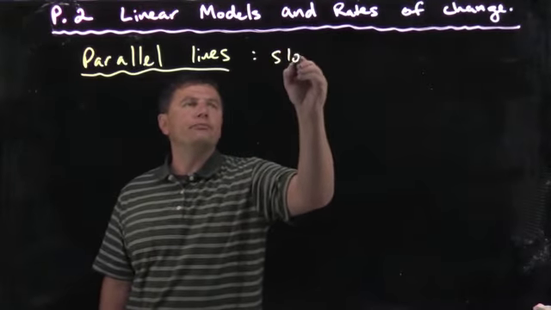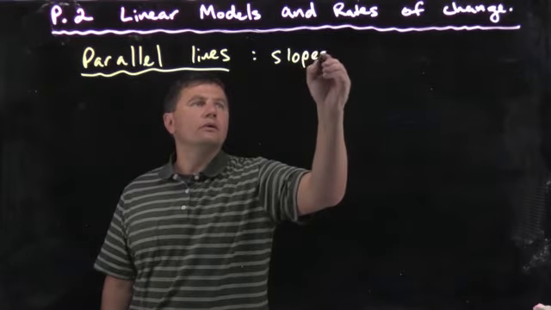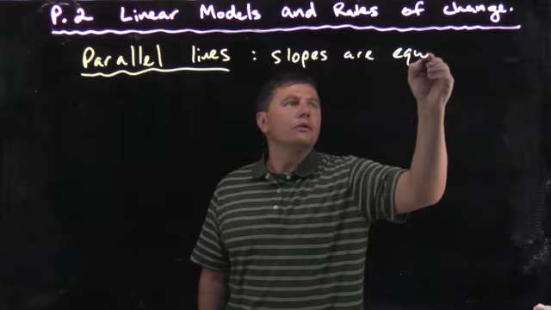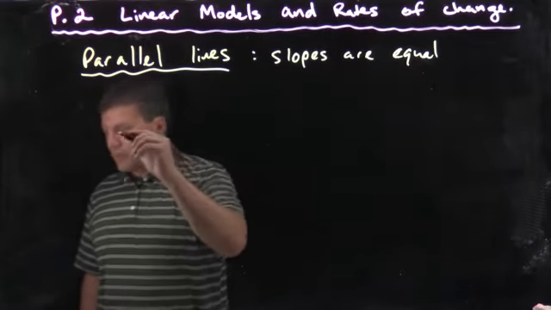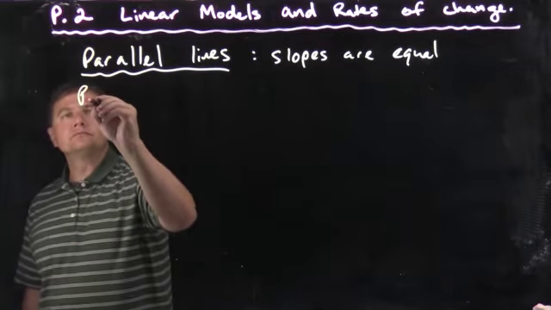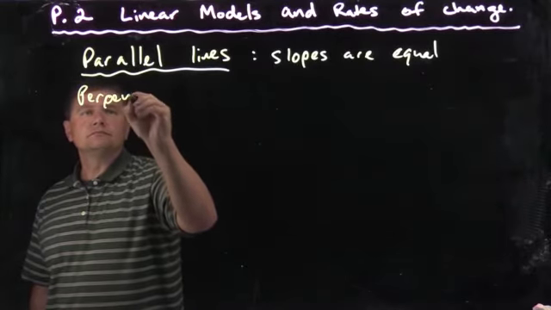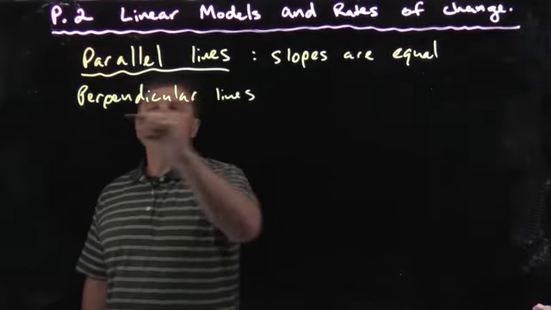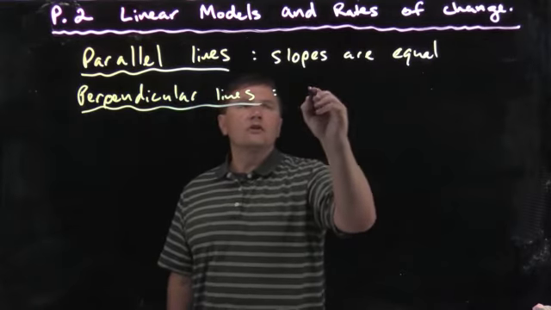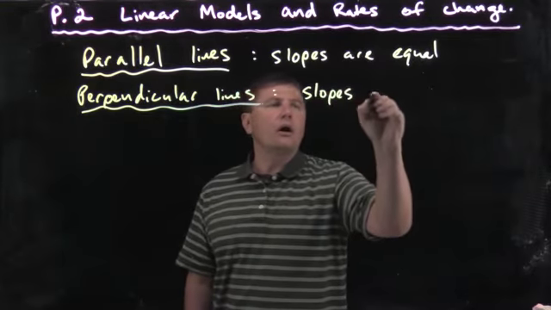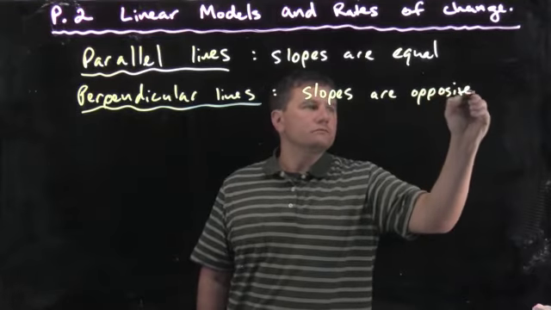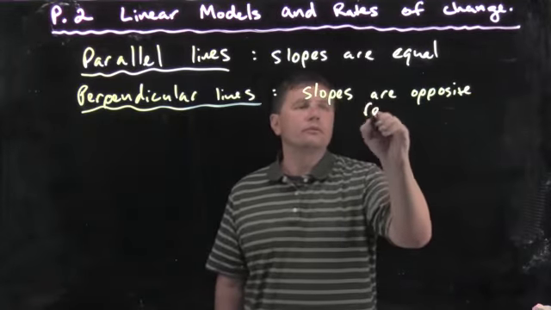Slopes are equal. Okay? Perpendicular lines: slopes are opposite reciprocals.